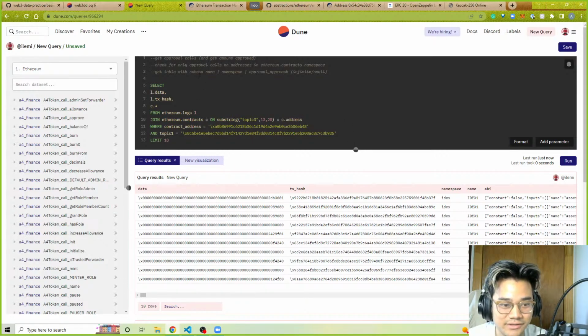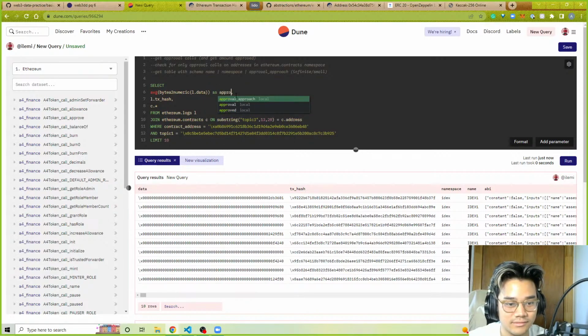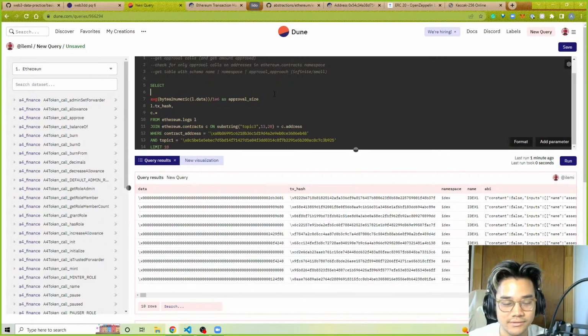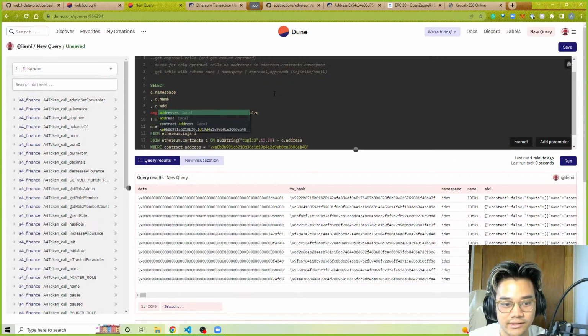I think there's a couple ways of doing this, but I'm just gonna take average size. And remember, this is USDC, so let's just do this. And then let's do c.namespace, c.name, c.address.